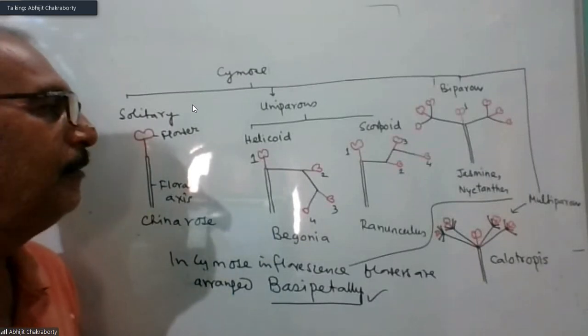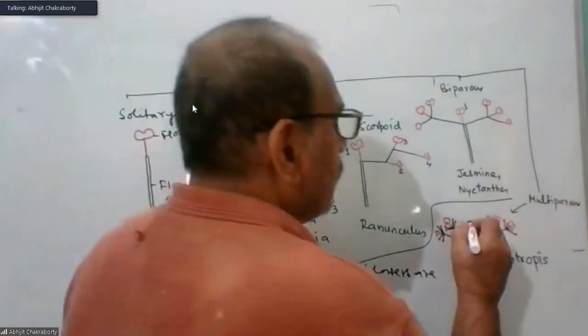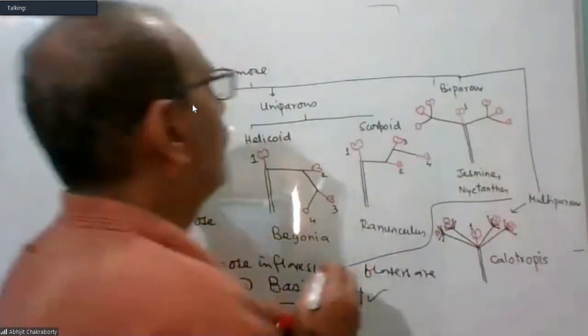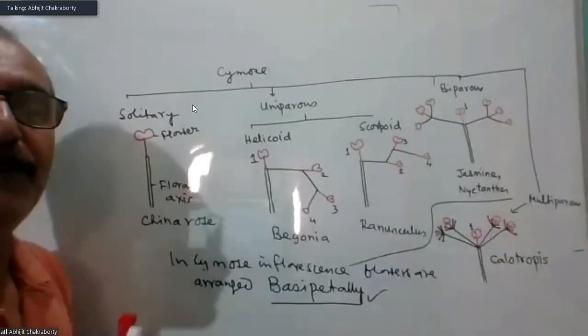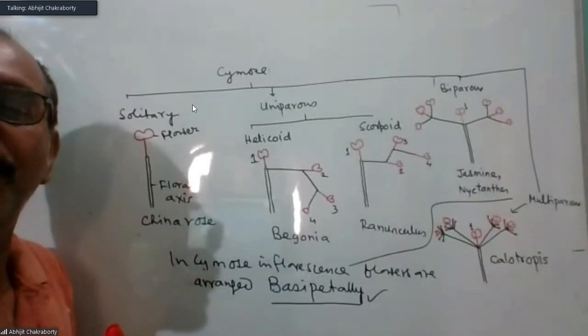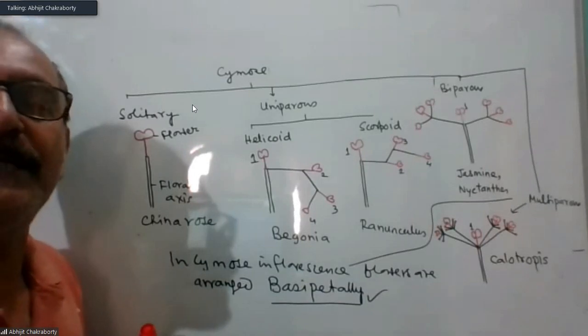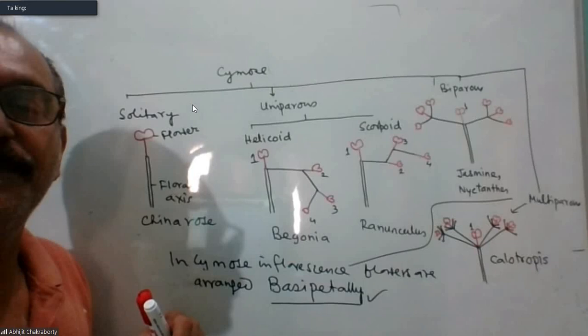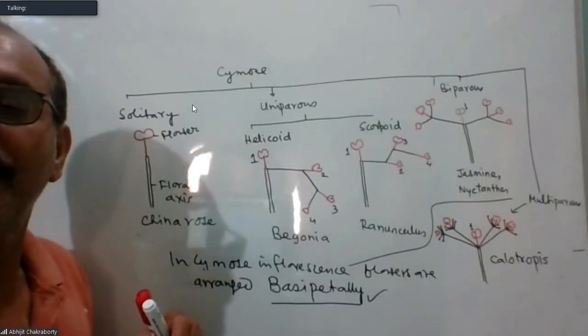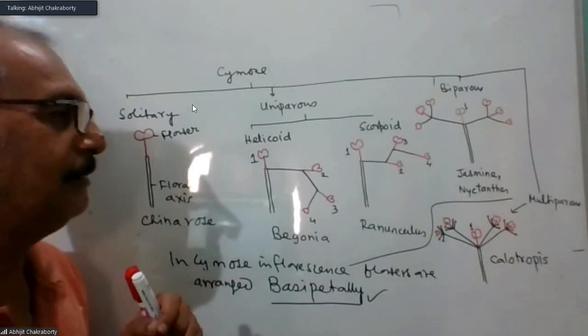Clear? Because always the first flower is at the top, and next flowers are produced from the lower part of the first flower. That's why the arrangement is basipetal. Is it clear to everybody? Yes, sir. Okay, that's fine.